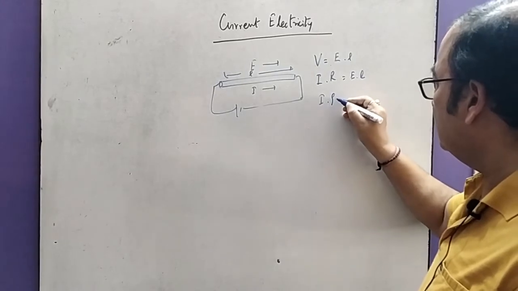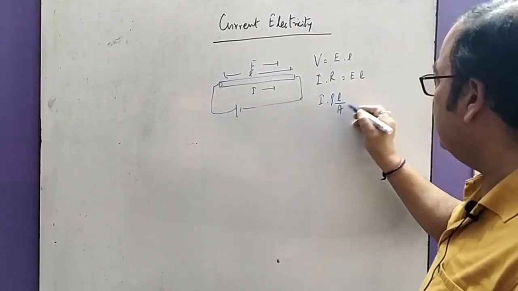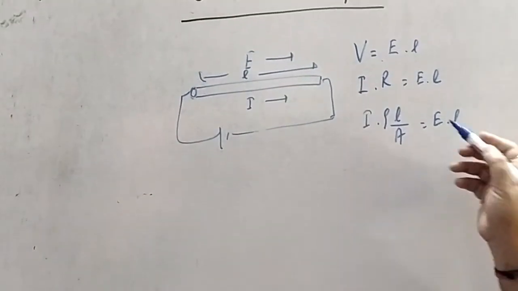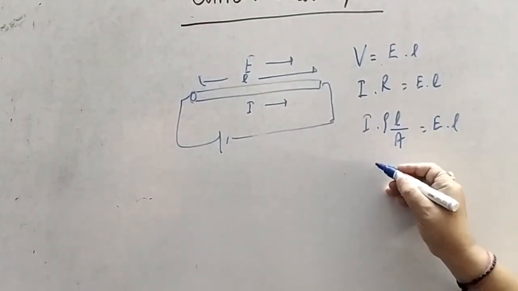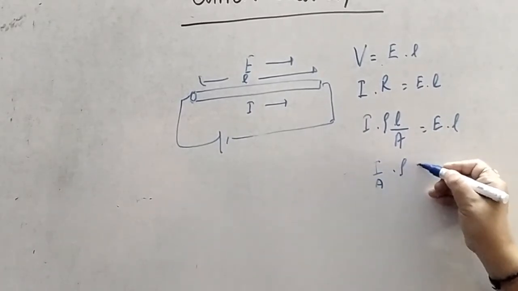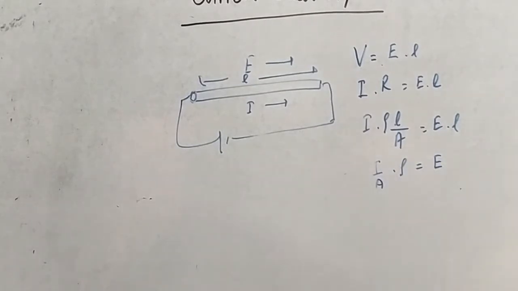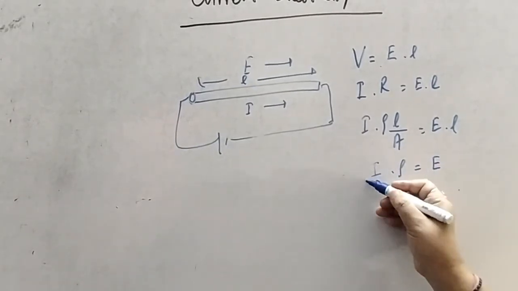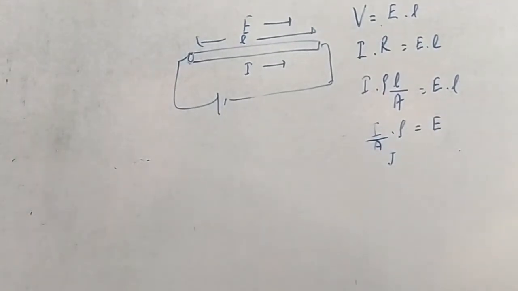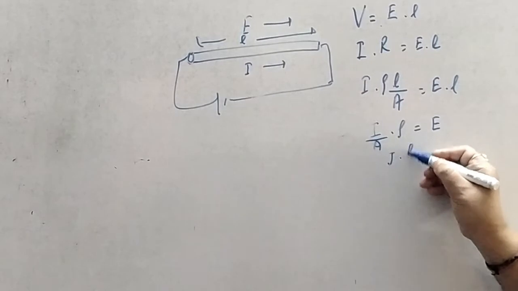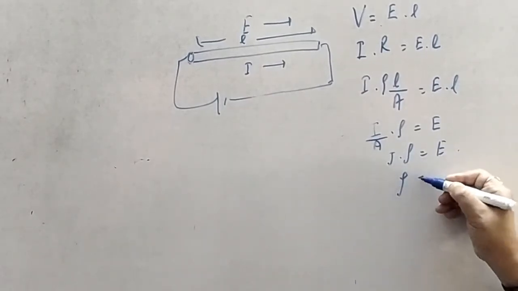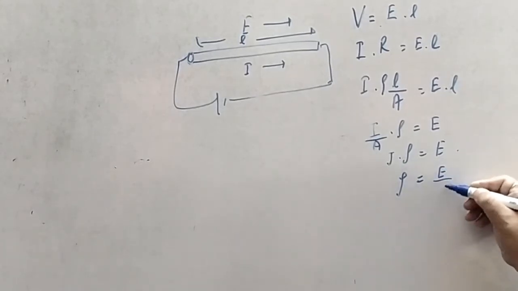R is rho L by A, so I times rho L by A equals E into L. L cancels out and we are left with I upon A into rho equal to E. This I upon A is your current density J, so J rho equals E. Therefore, rho can be equal to E upon J.